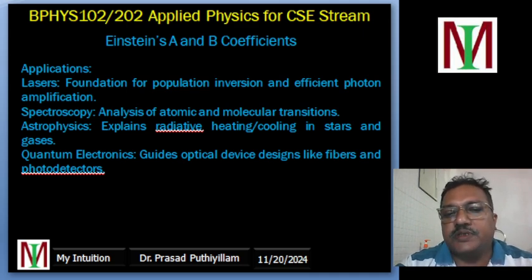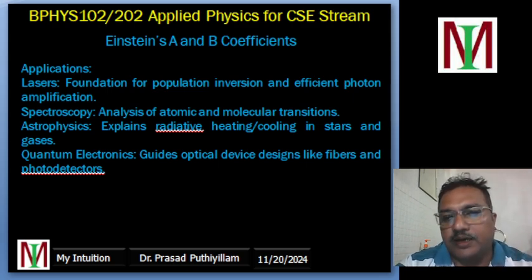So in astrophysics, these coefficients are used to study radiative heating and cooling. Radiative heating and cooling means how energy moves through stars and gases, as well as the stellar spectra. Stellar spectra means the color of light from stars.